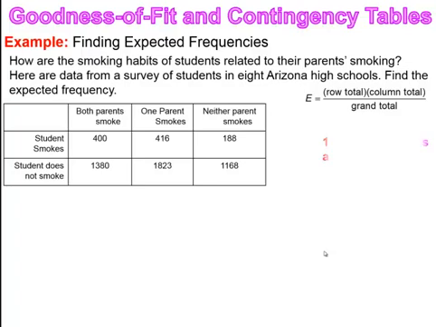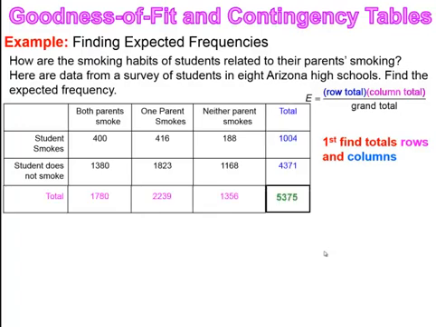So in order to start, you need the totals for the rows and columns. So you want to add up the columns and the rows and get the totals. So you see the totals here, and then the grand total would be 5,375.